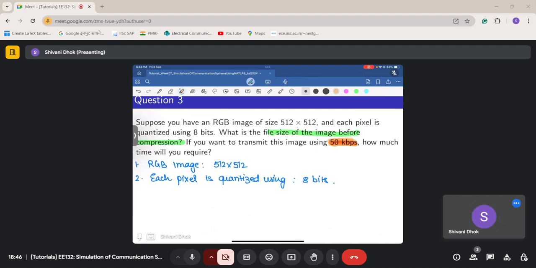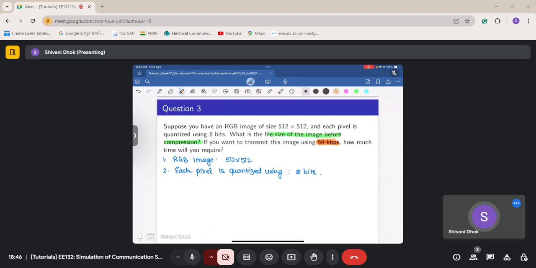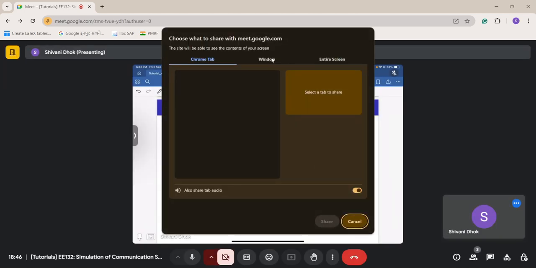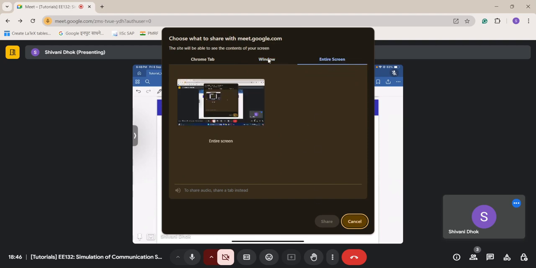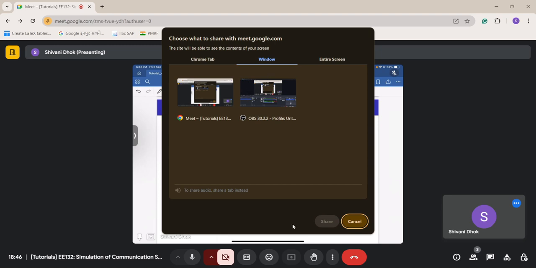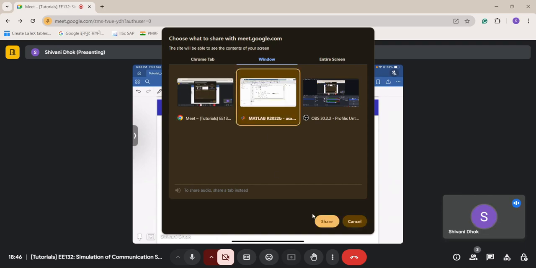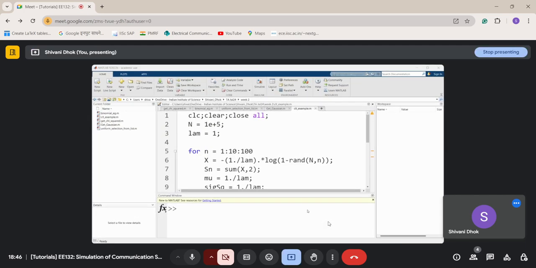Okay, so first of all I want to show you something using MATLAB. So for that I'll share the MATLAB screen. I hope my screen is visible.